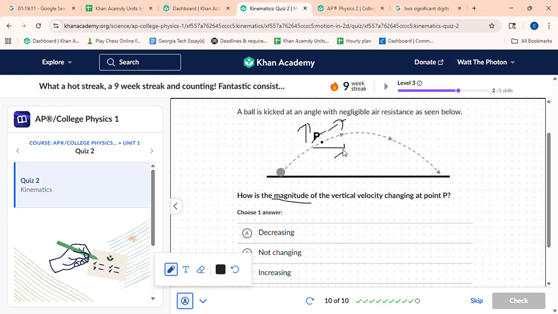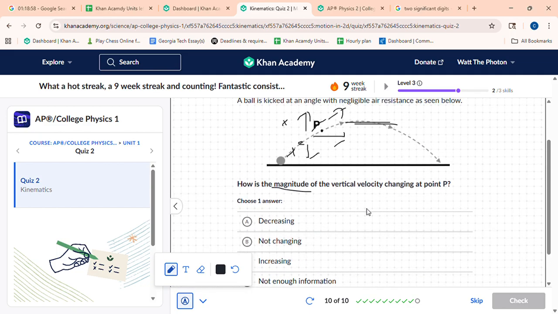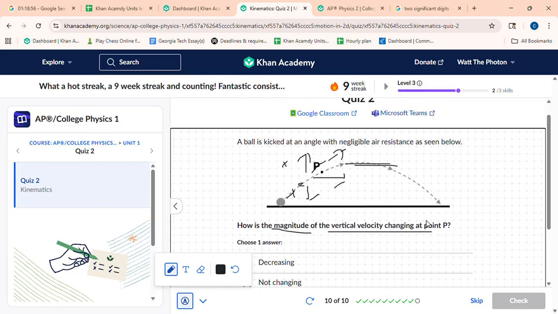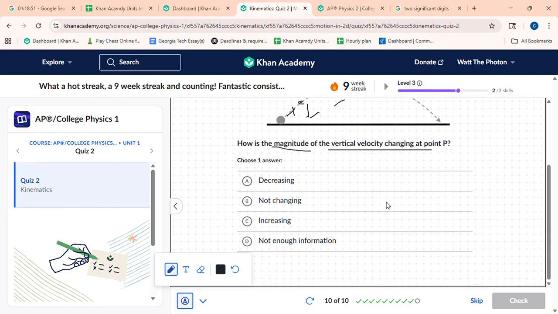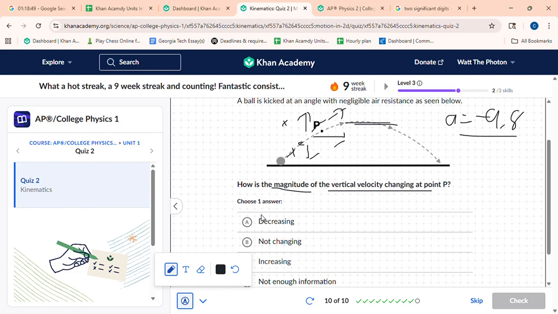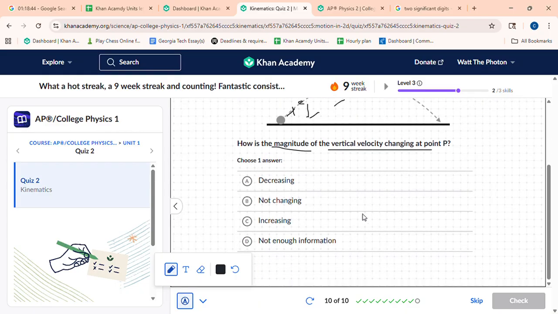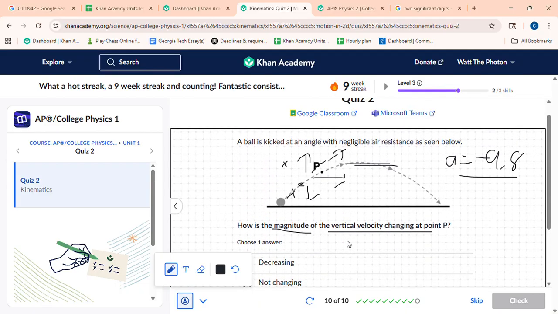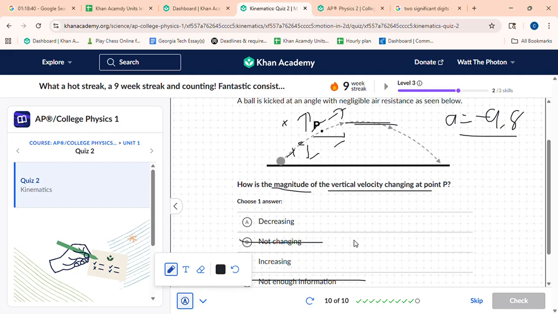It's going to be decreasing because you have a stronger acceleration. How's the velocity changing? Acceleration is negative, so it's going to be decreasing. I think there's enough information.